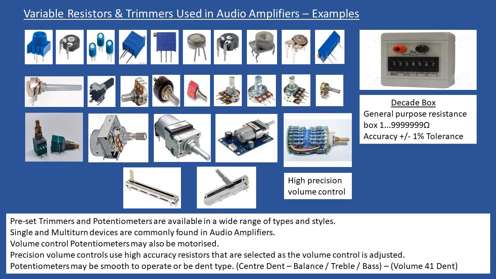So what I'm able to do here is to connect what is fundamentally a variable resistor into a bias circuit, set it to a nominal value, typically the value which is already in there, but I need to make some slight adjustments.